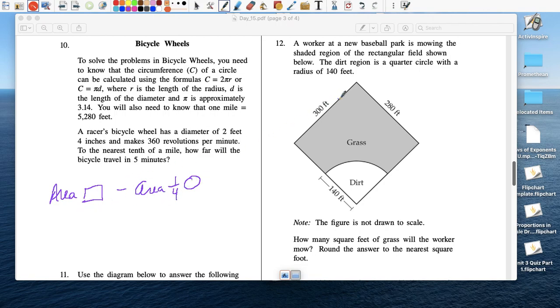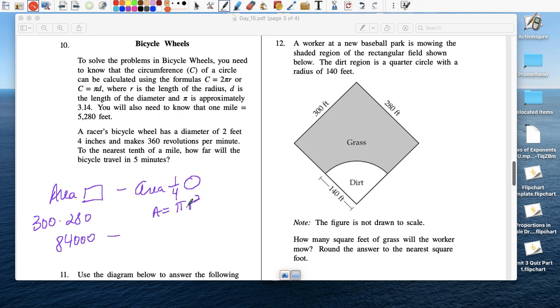So the area of the rectangle is 300 times 280. That's the easy part, which is 84,000. Now, area of the quarter circle. Well, area of the quarter circle is A equals pi r squared. So let's find the whole circle and then divide it by 4.